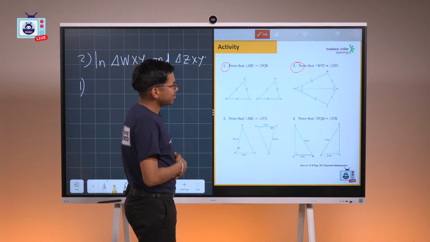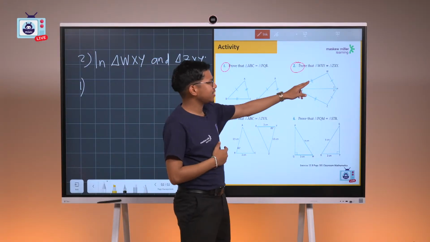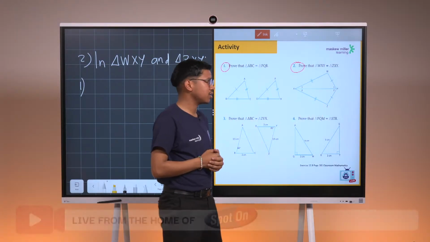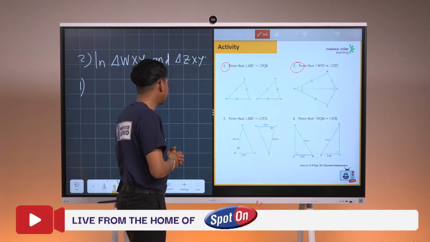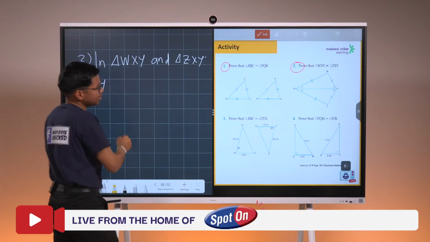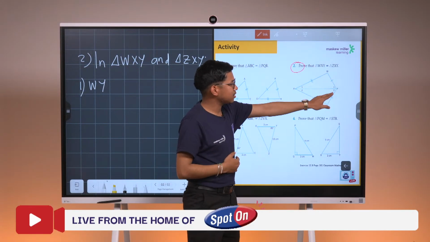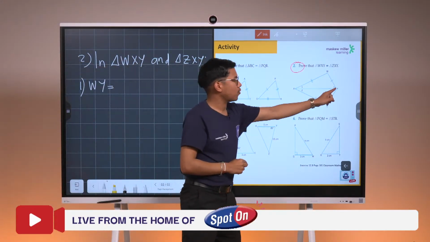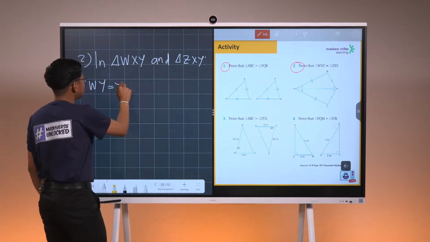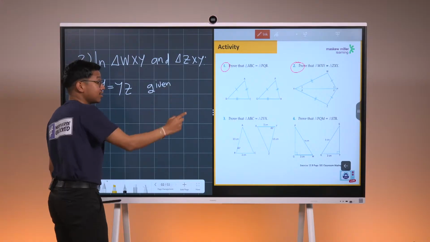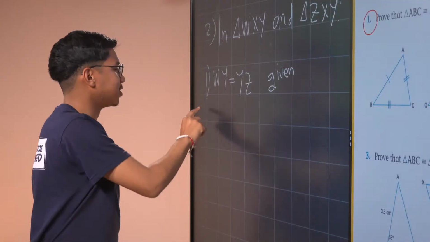So in the 2 triangles, I see that the side WY and the side YZ are equal, indicated by 1 line in both triangles. So I can say that WY, the side in this triangle, is equal to the side YZ in my second triangle, and that is given. And that is a side. What else do I notice?